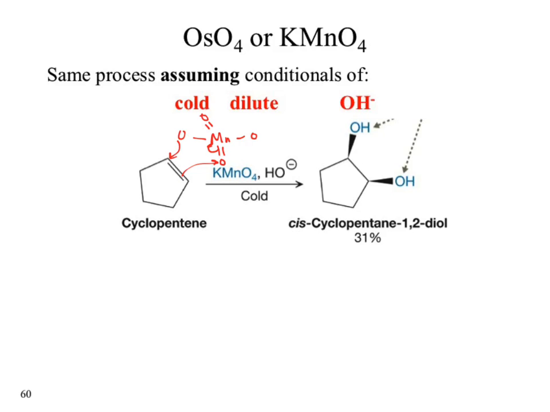So we're getting the same system, which means we're adding the permanganate as a syn addition. I now have manganese attached to the structure. I don't want manganese attached. Where's the weird thing with the permanganate? If I don't want a manganese attached, what do I have to do? I had to do a second reaction. What's the second reaction?